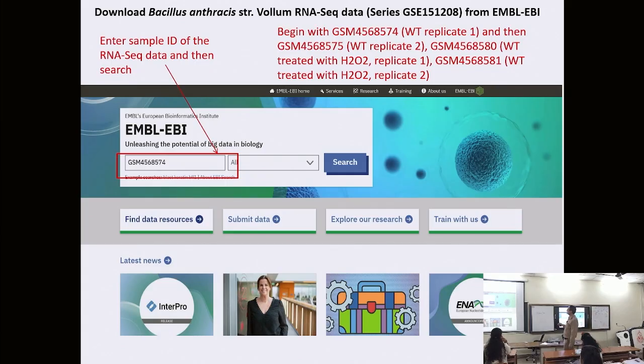This is an experiment done with a Bacillus anthracis strain, and RNA-seq data were collected when this strain was subjected to oxidative stress, hydrogen peroxide stress. To understand the RNA-seq pipeline, we got the samples for wild type.